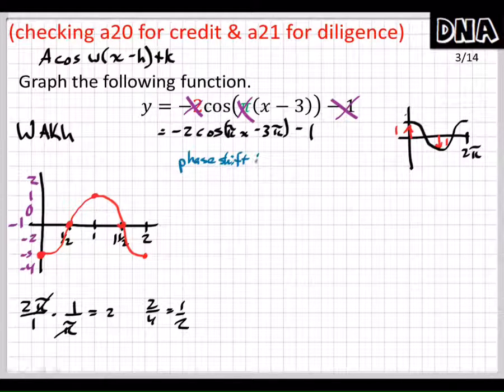Do I go to the right or the left? You go to the right. So our phase shift is +3. You always got to think the opposite. Does that make sense? Okay, so that changes our x numbers right here.